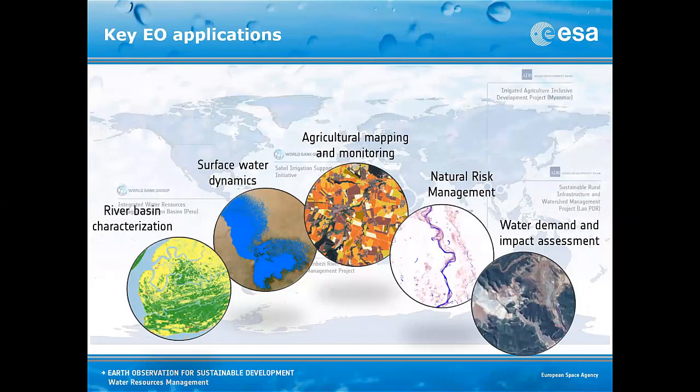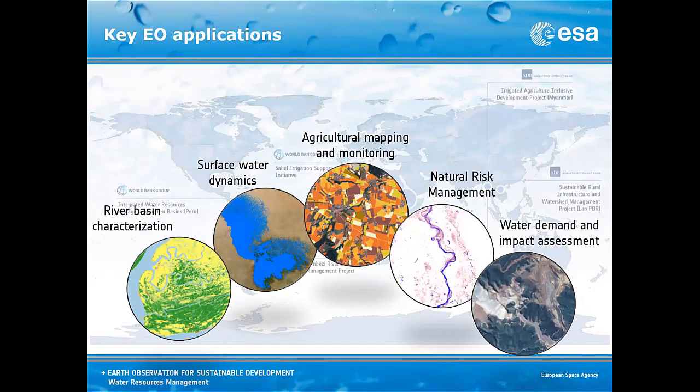If we look in the context of water resource management, then there's a number of key priority areas or key EO applications where geo information is relevant and needed. For today's webinar, we will focus on using Earth observation for surface water dynamics monitoring, that is monitoring the extent, volume, and quality of inland water resources.